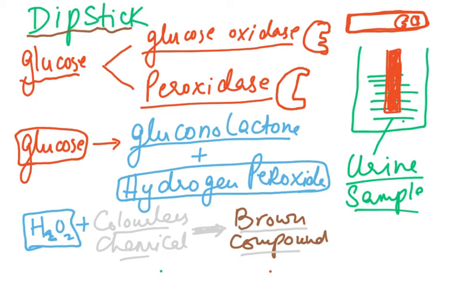So we have a color chart, and we're going to compare it with the color chart, and we're going to say, okay, this person either has no glucose or he has 1%, 2% or 3 or different values. We have different units for it. So we're going to compare it with this color chart, which is going to give you different shades of brown, and you will then know if the person's urine contains any glucose or not. So this is what we use dipsticks for, to check if a urine sample contains any glucose or not.